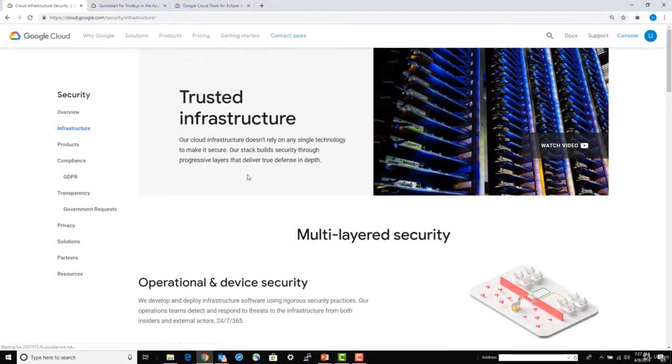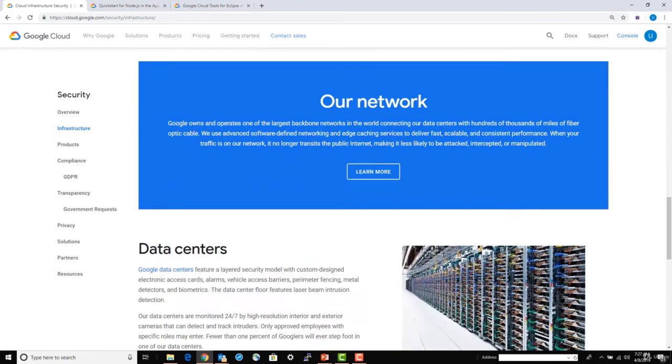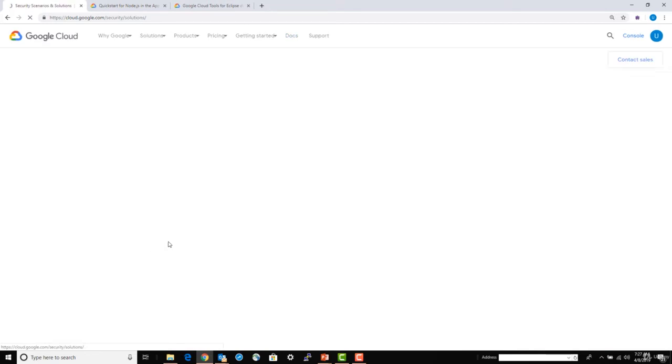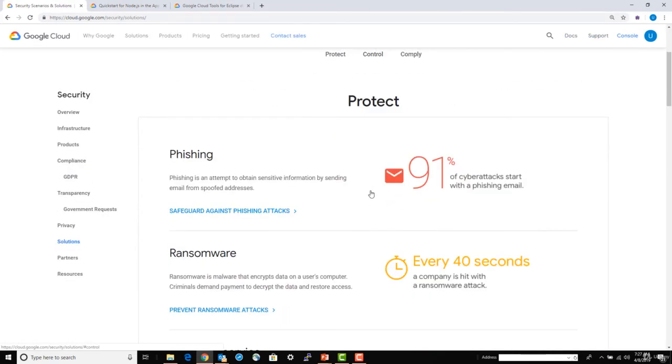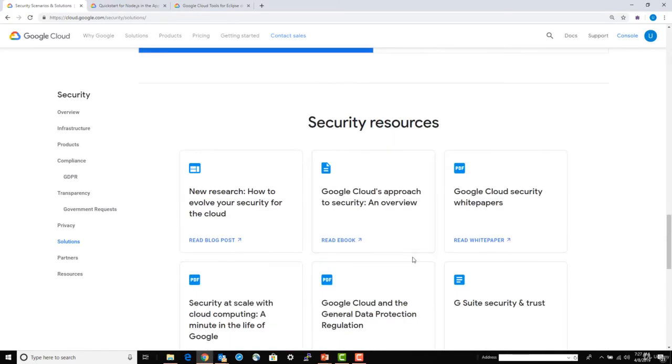You can go to infrastructure, and I think they just reorganized it. Okay, so this is the Google Cloud Security White Paper. If you go here, GCP has explained how services are protected in a transparent manner.